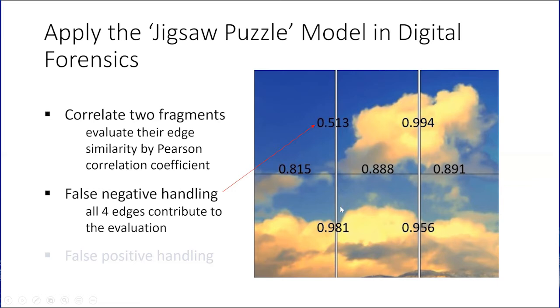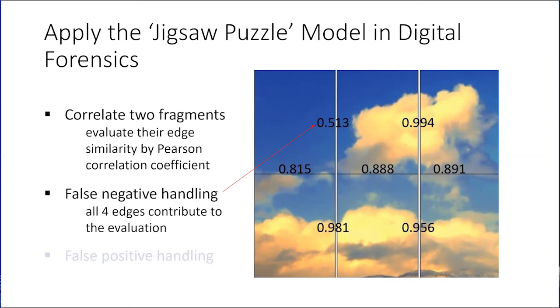So by doing this, as we know, for example, Pearson correlation coefficients, if the absolute value is close to 1, that means a very high similarity. So by using this method, we can conclude such edges may be adjacent in the original picture.